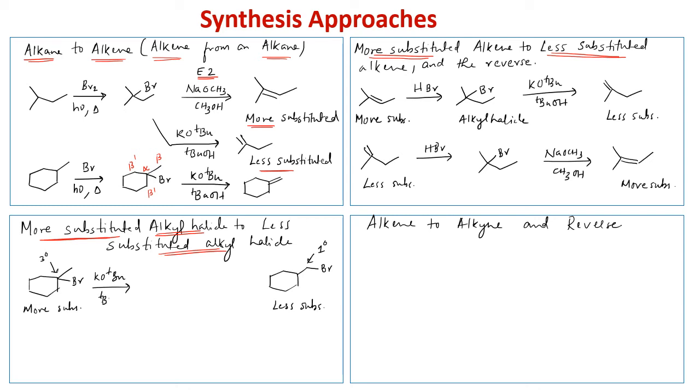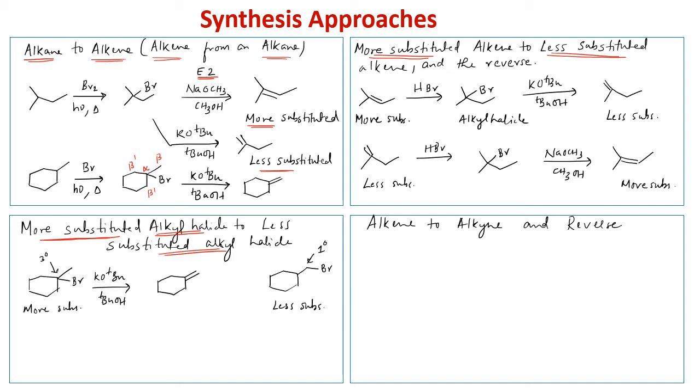So I eliminate there so that I get an alkene. Notice how I've installed a double bond between the tertiary carbon where the bromine was initially connected and the primary carbon where I want that bromine in my product.